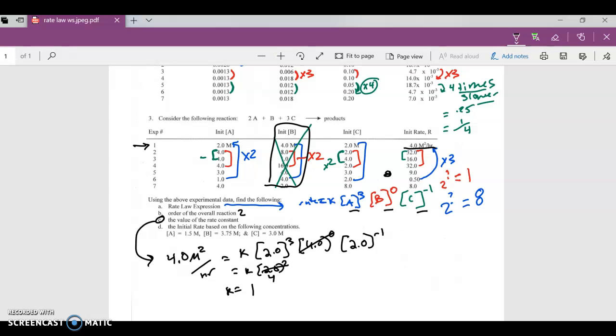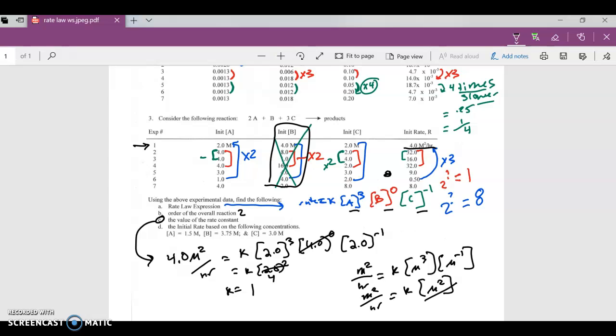I got to get my units, though. That's the tricky part. So I'm going to take a little side step and look at my units. My units are molarity squared per hour, is equal to, here's my K, and then I've got molarity cubed. My B is molarity to 0, so I'm just going to negate it. Molarity to negative 1. So now I've got molarity squared over hours, and the K part here has molarity squared, molarity to negative 1, molarity squared.